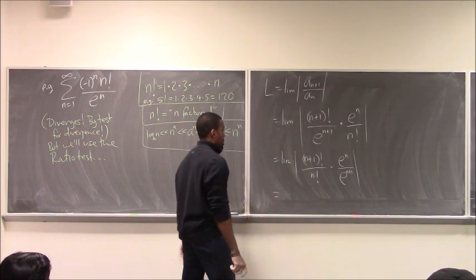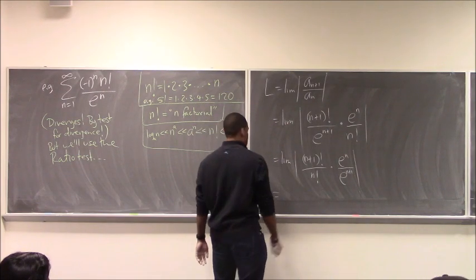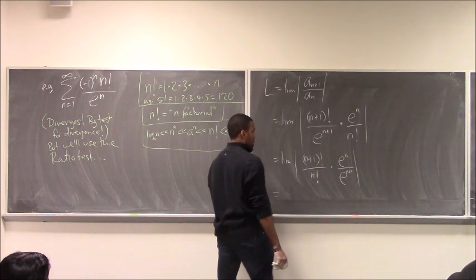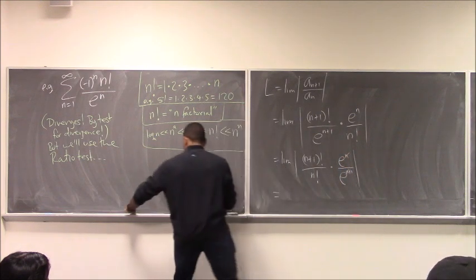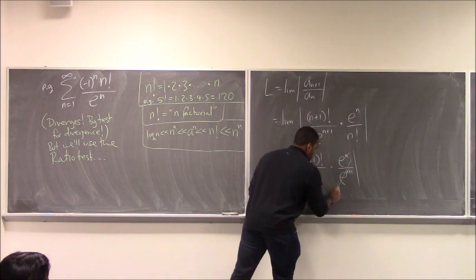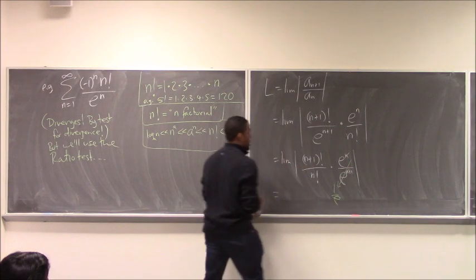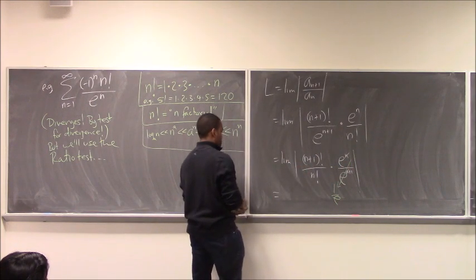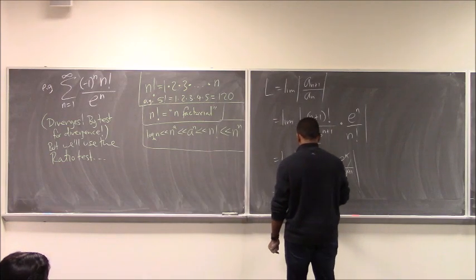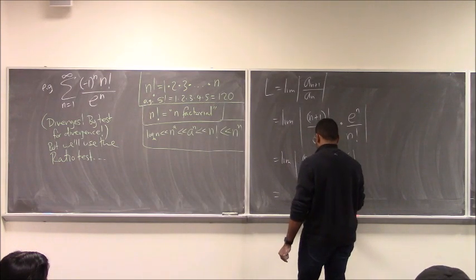And what can you tell me here? What happens to this guy? It just goes to 1 over e. Right, so that just goes to a constant. And this guy goes to n plus 1. So n plus 1 times 1 over e.